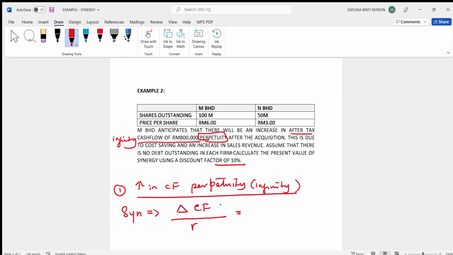That means 800,000 ringgit divided by R, which is 0.1. Therefore, it equals 8 million ringgit.